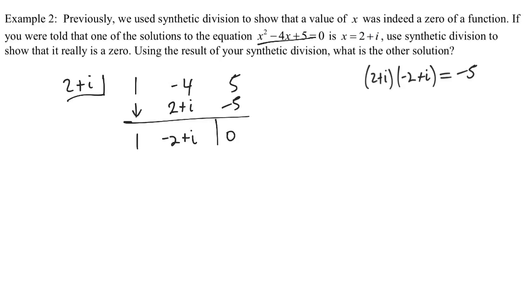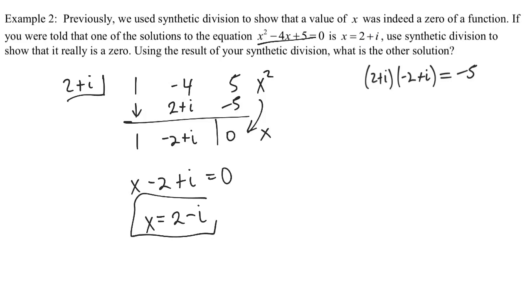And so because this started with x squared, when we synthetically divided, we got down to x, and so this says x minus 2 plus i, and to find the remaining 0, I am going to set that equal to 0 and solve, and so that means I need to add 2 to both sides and subtract i from both sides.